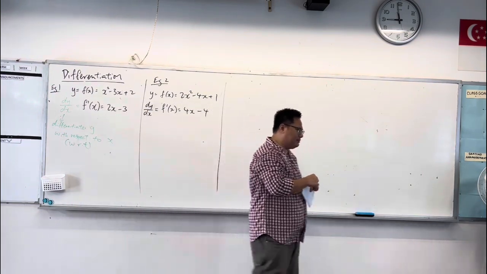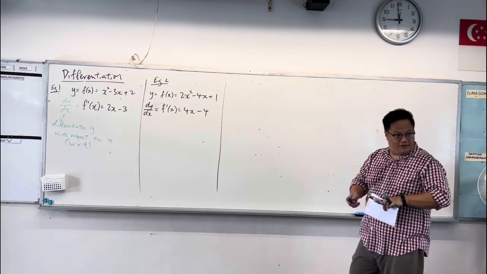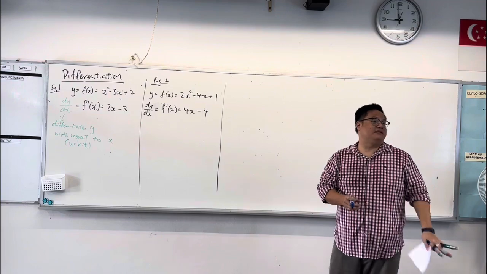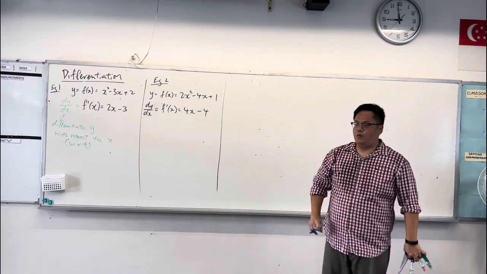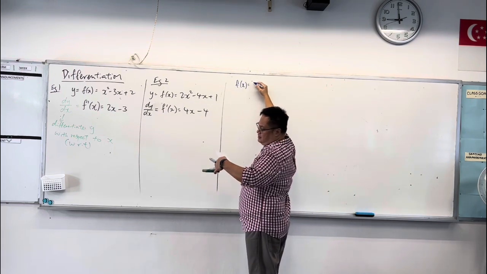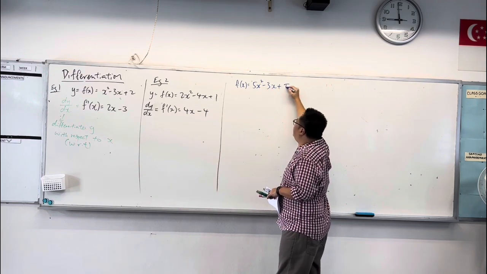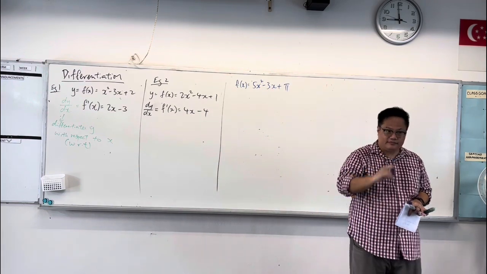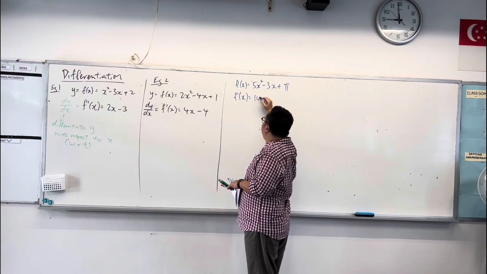Okay, I will write a few more examples. You take a look and see whether you observe any pattern. I'm not going to do first principle now, but I'll write what the answer is. If f(x) is 5x squared minus 3x plus pi, f prime x is equal to 10x minus 3.